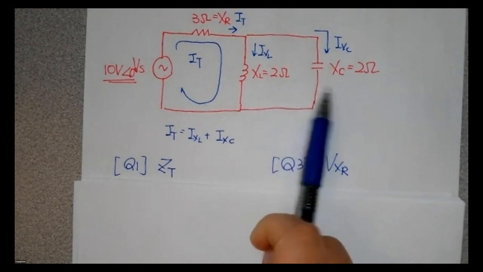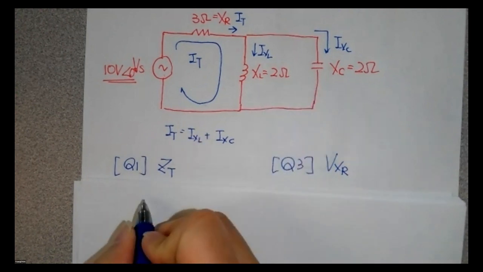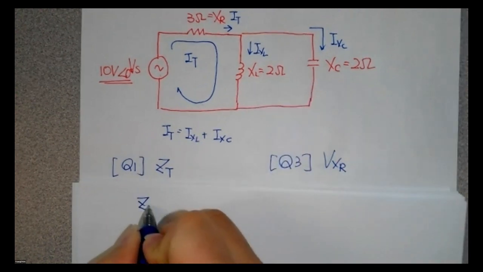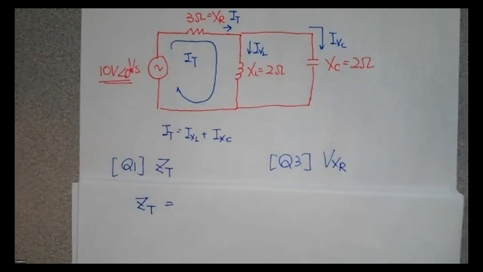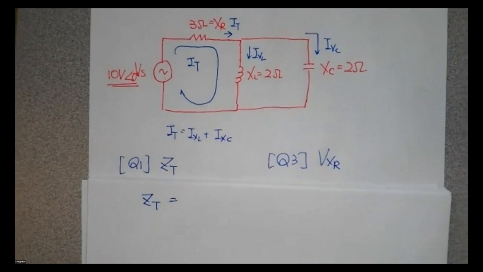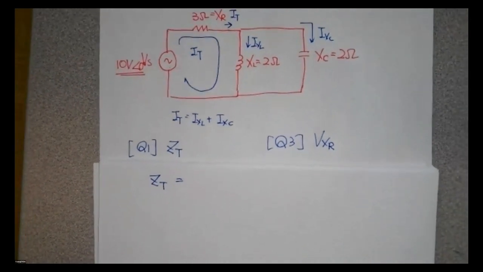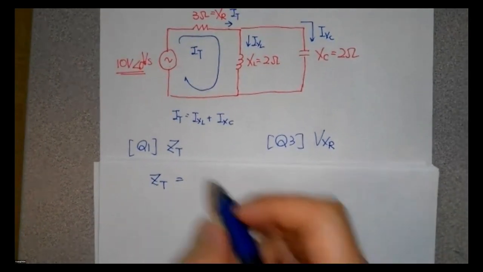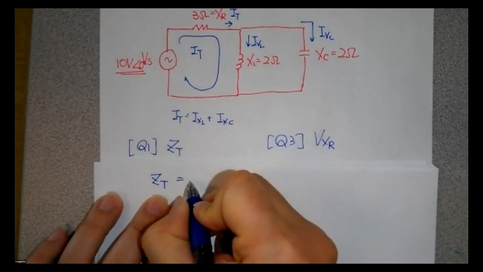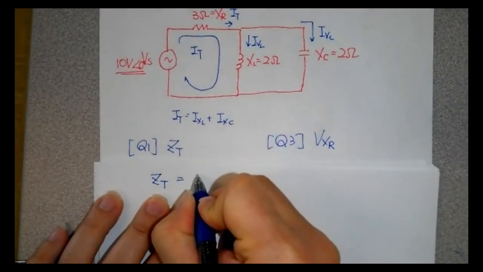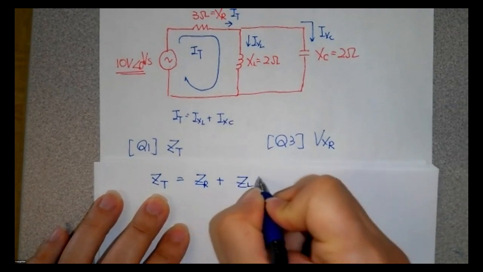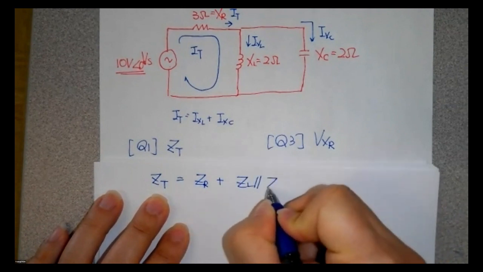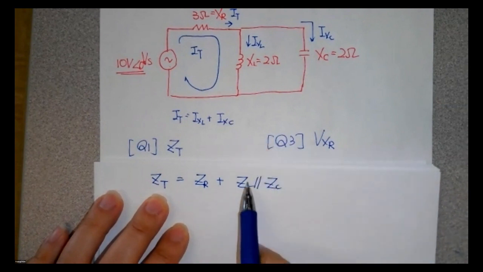So for this case, G sub T is G sub R plus G sub L in parallel, and G sub C here.